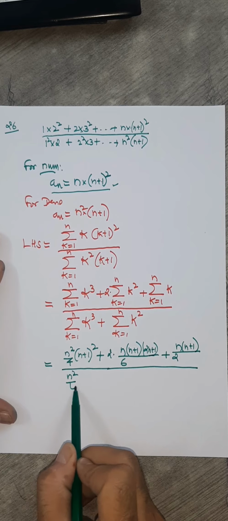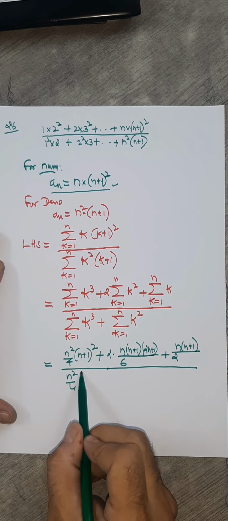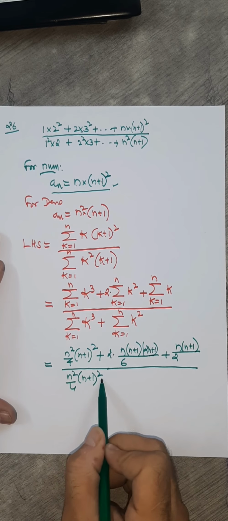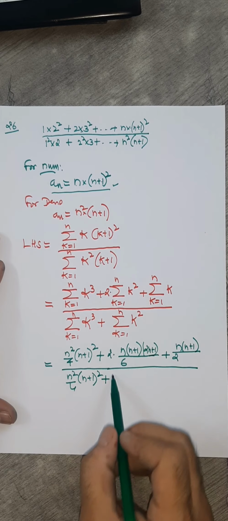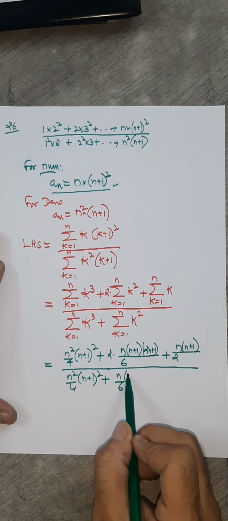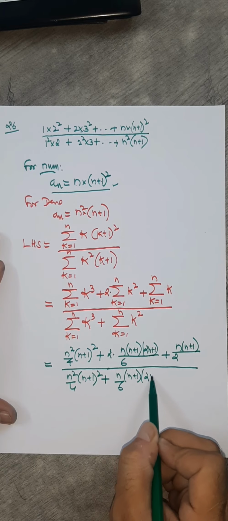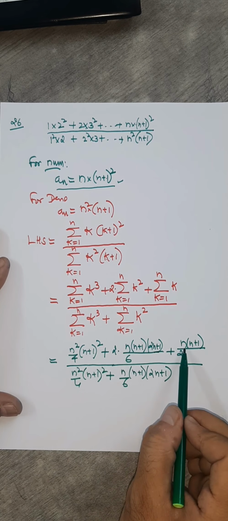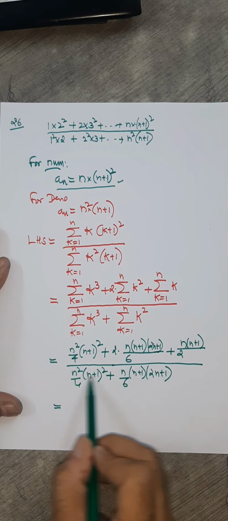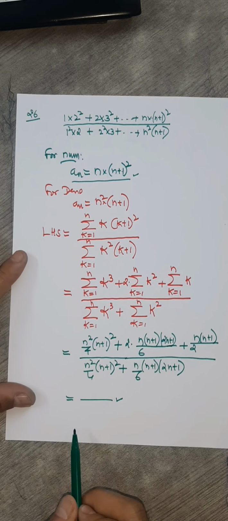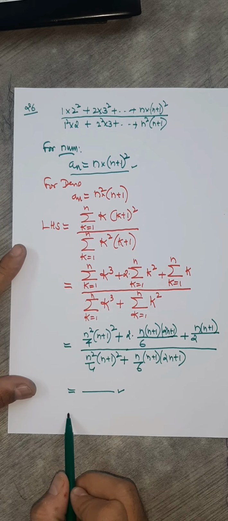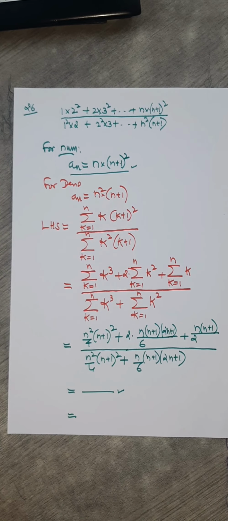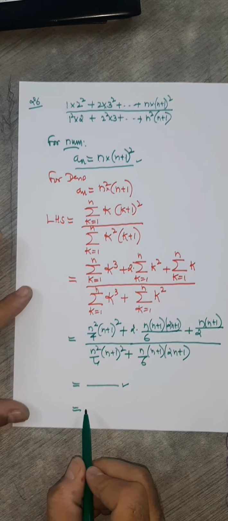Same, n square by 4 into (n plus 1) whole square. Plus same, n by 6 into (n plus 1) into (2n plus 1). Now simplify this. Take common factors here, and also common factors here. And finally, after the simplification of the numerator and the denominator, you will get finally this much.